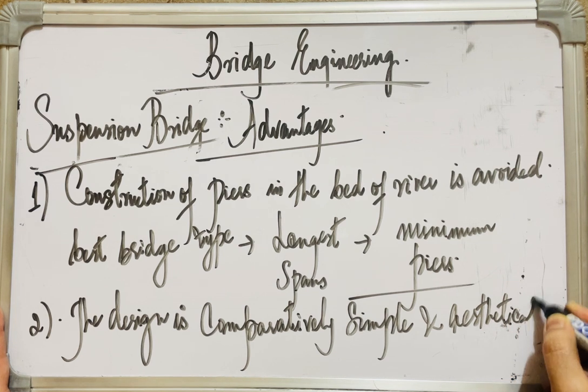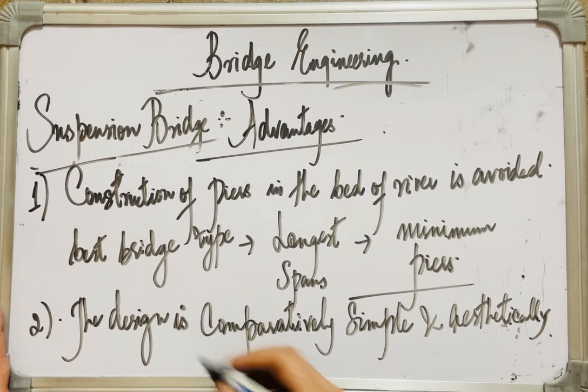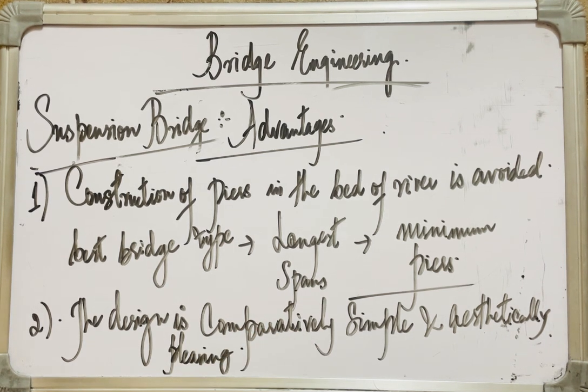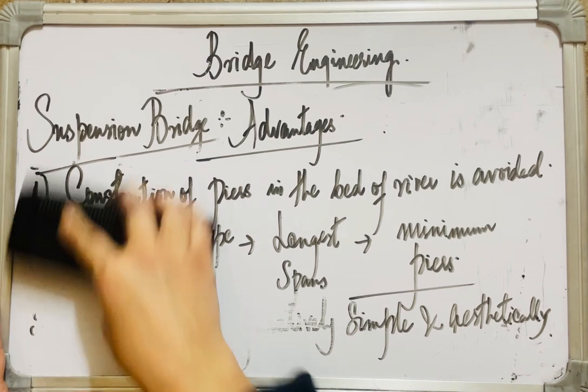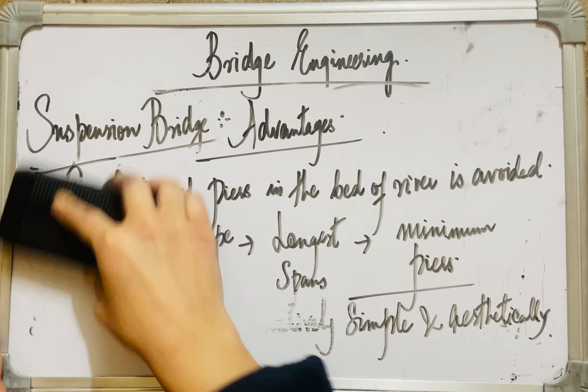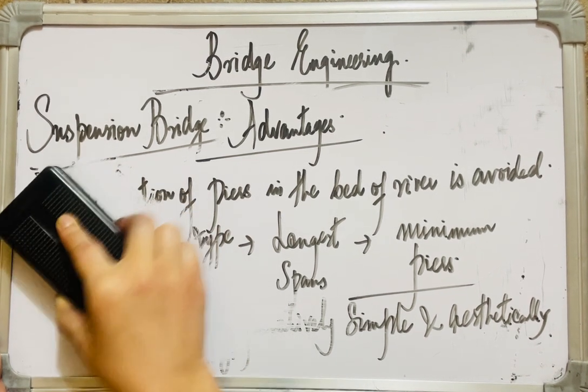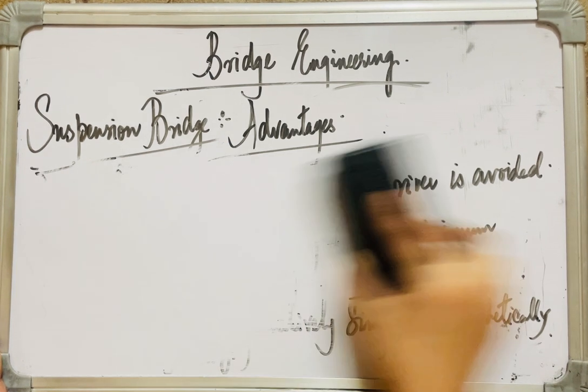You must have seen suspension bridges, particularly the Golden Gate Bridge, which is aesthetically quite pleasing. All right, so this is advantage number two, that the design is comparatively simple and these suspension bridges are aesthetically quite pleasing.